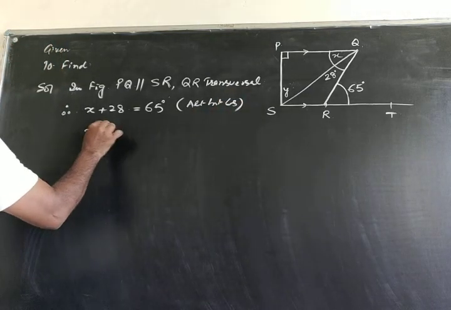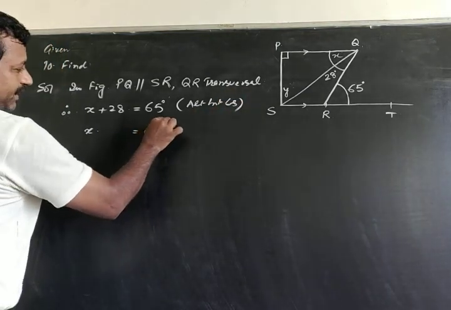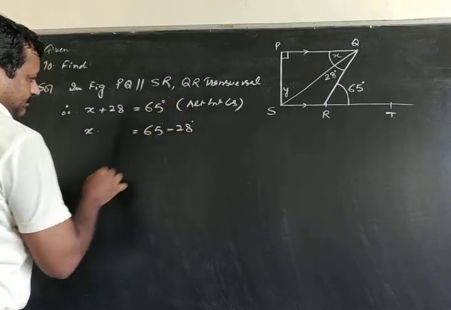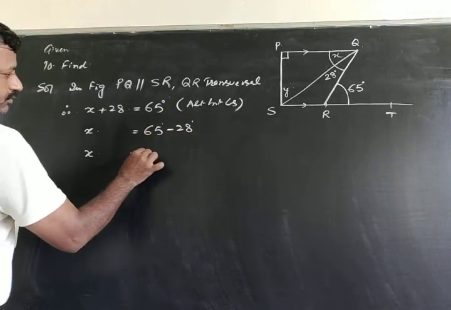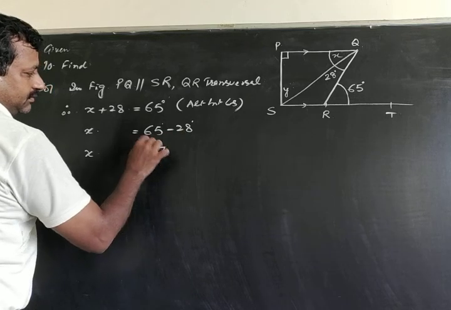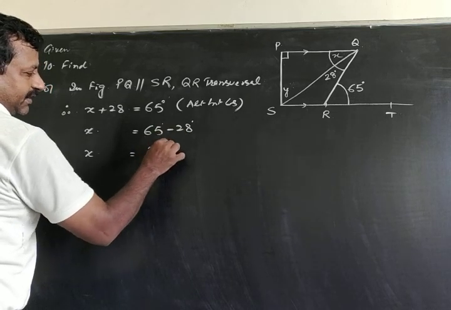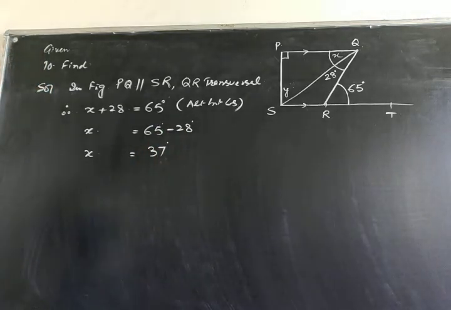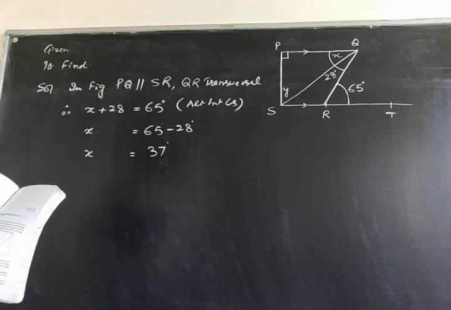So X equals 65 minus 28. X equals 37 degrees. So the value of X will be 37 degrees.